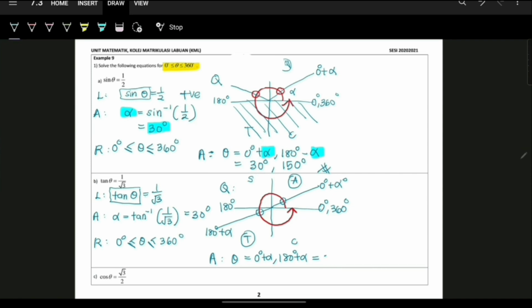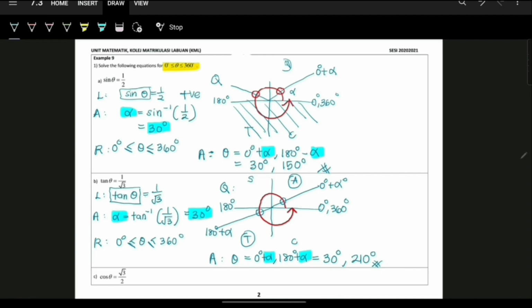Your alpha is 30, so 30. And this 180 plus 30 will be 210. Okay, so let's highlight this alpha so that you know. Okay, so you got that. So that's all for this one, because you have two dots and you have two answers.